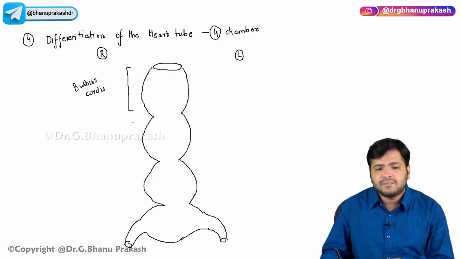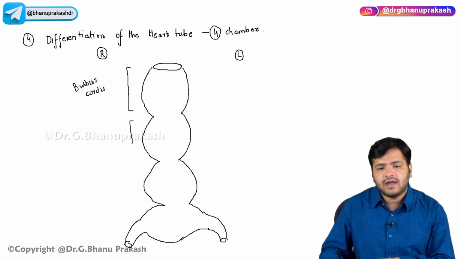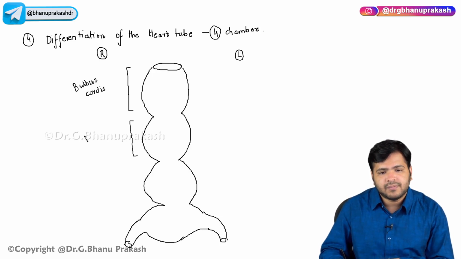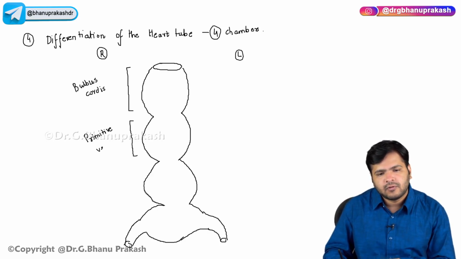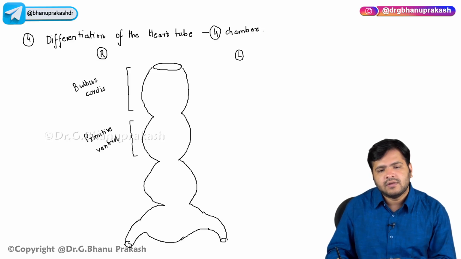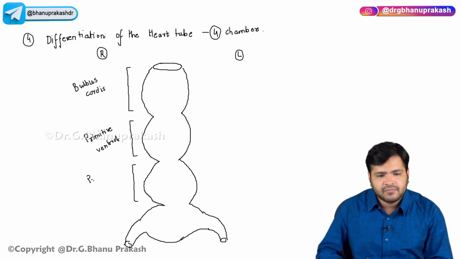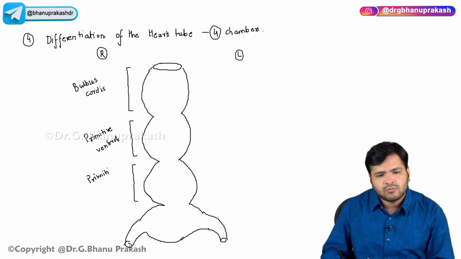Then we have the primitive ventricle, and another part over here that is called the primitive atrium. And this is the sinus venosus.